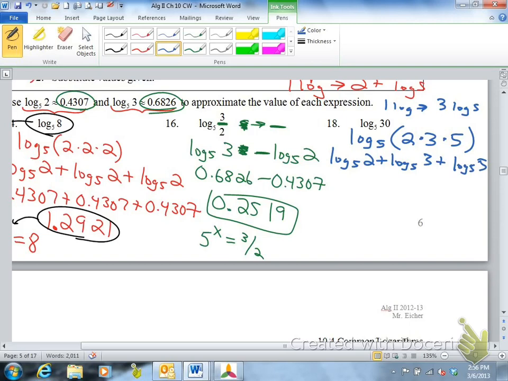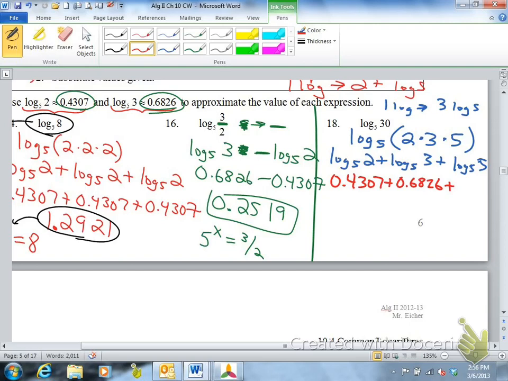And then you can substitute the values in that are given in the directions, which would be log base 5 of 2 was 0.4307 plus log base 5 of 3 is 0.6826 plus, and what is log base 5 of 5 equal to?